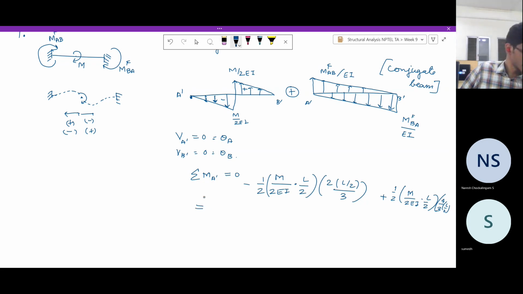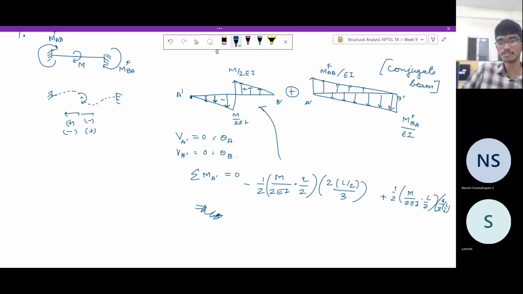So if you evaluate this, you'll get 2, 4, 8, 8 sixes are 48. But wait, this is from this part.